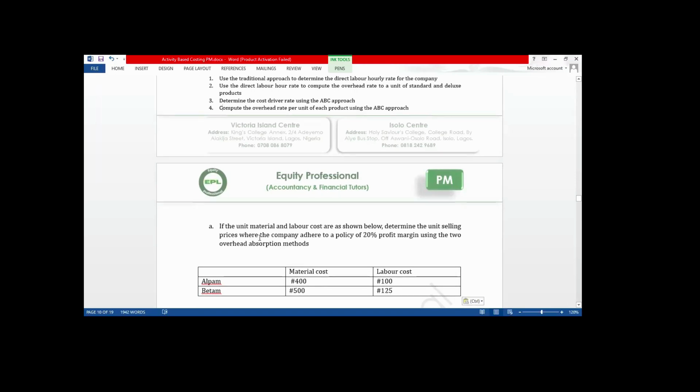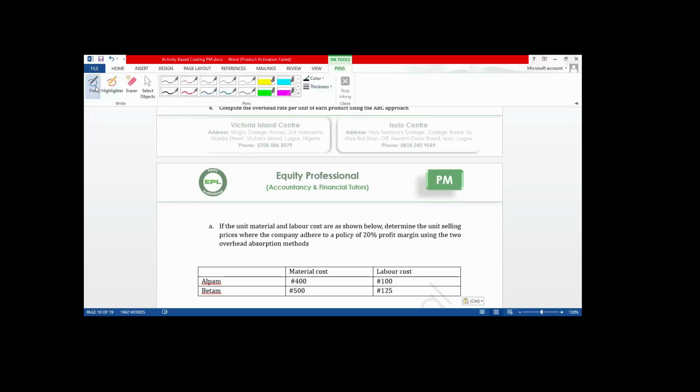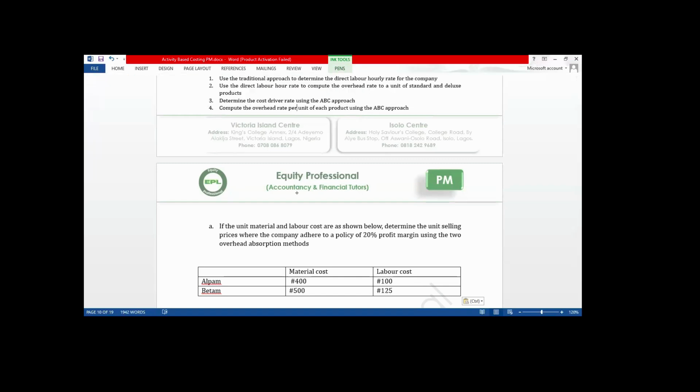If the unit material and labor costs are as shown below, determine the selling prices where the company adheres to a policy of 20% profit margin using the tool absorption, the tool overhead absorption method.